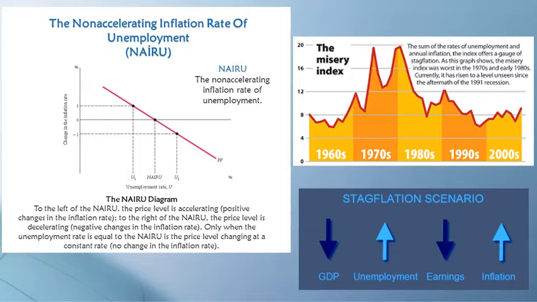The NAIRU was saying that 5 or 7 or 10% unemployment is the limit that an economy can handle, and once it goes over that, labour markets become too tight and wages start blowing out, right?